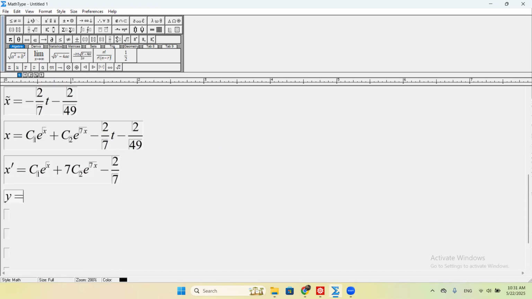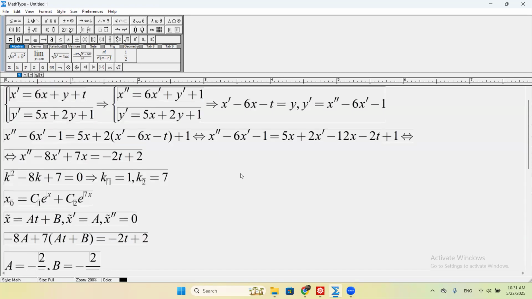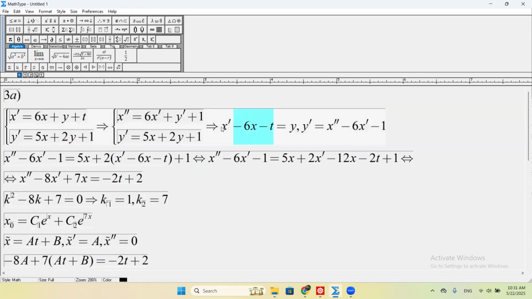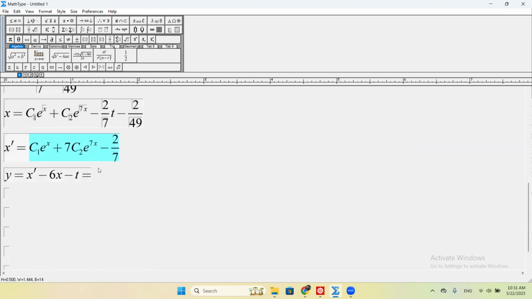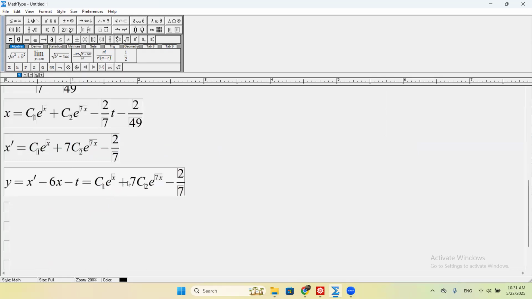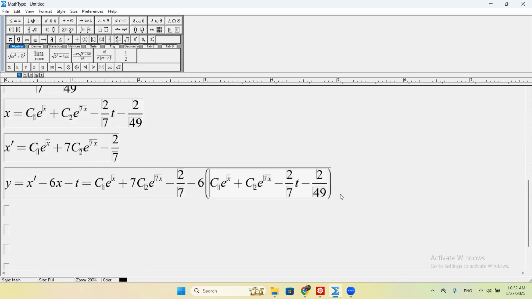And y equals, so let me rewrite this expression. So it equals the following: x prime and minus 6x minus t.